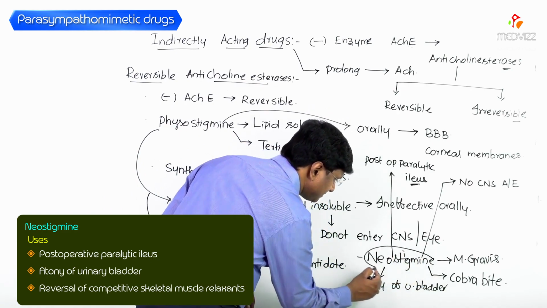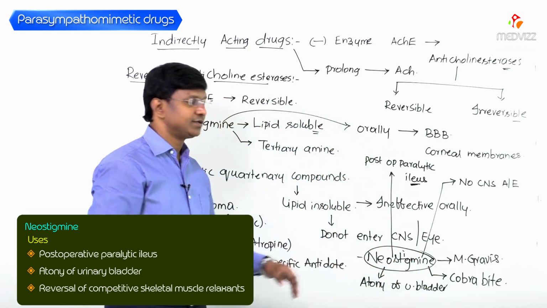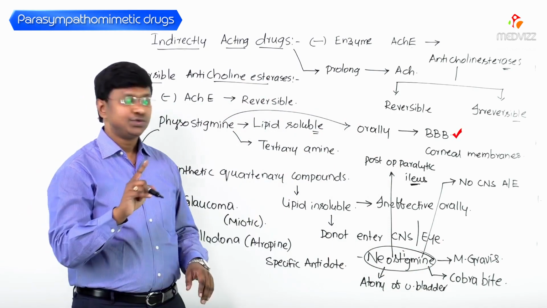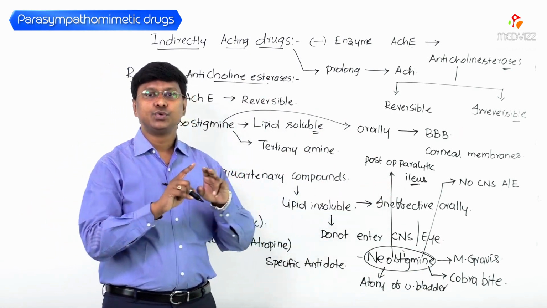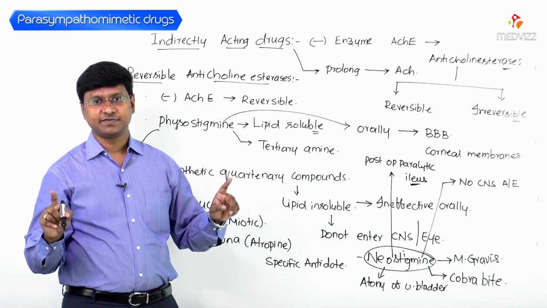So, points about Neostigmine: it does not cross the blood-brain barrier, so you do not have central nervous system adverse effects.